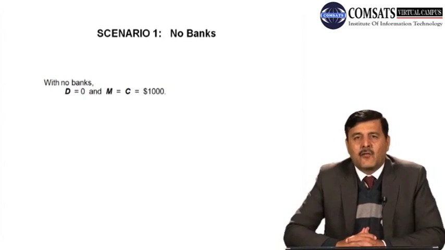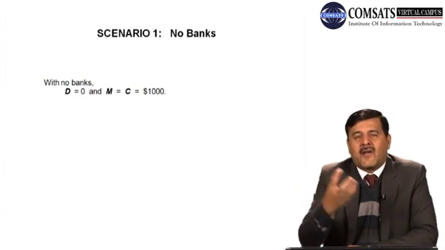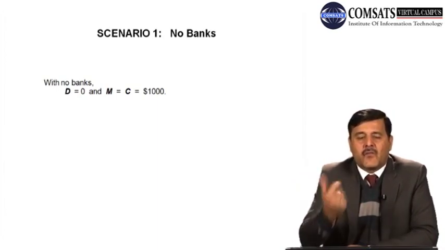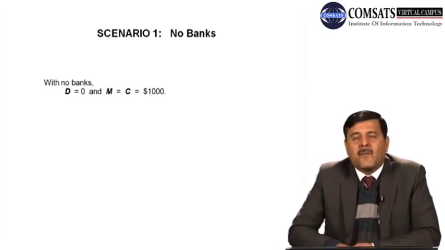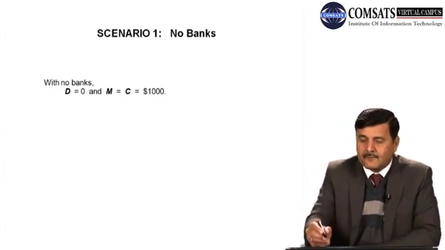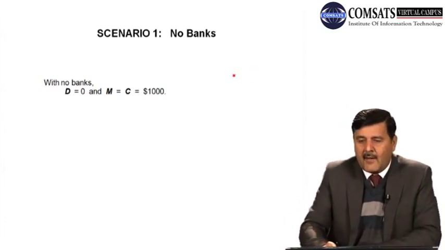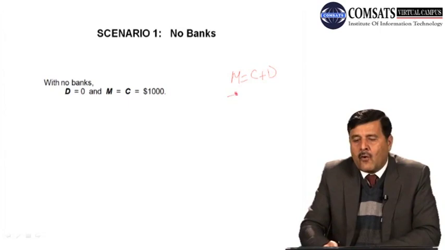Scenario 1: when there is no bank, what is the situation? With no banks, D, which is the demand deposit, is equal to 0. Of course, since there is no bank, D is equal to 0 and M is equal to the currency, because as we said in the previous slide, M is equal to currency plus demand deposits.